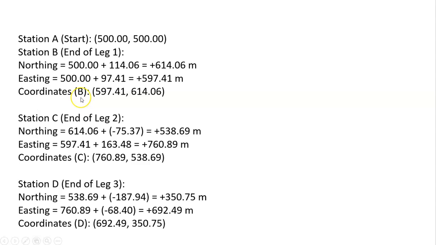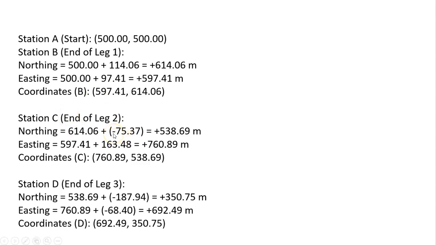So the coordinates of B are calculated with respect to the coordinates of station A, which are 500, 500. So coordinates of B are 597.41, 614.06. Now by considering this 597.41 and 614.06, we are supposed to calculate the coordinates of C.